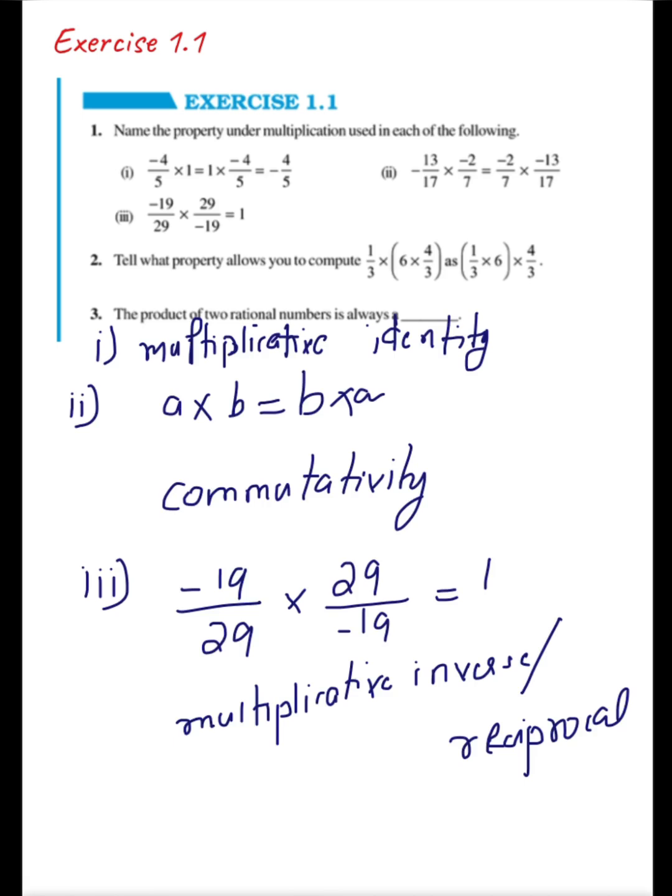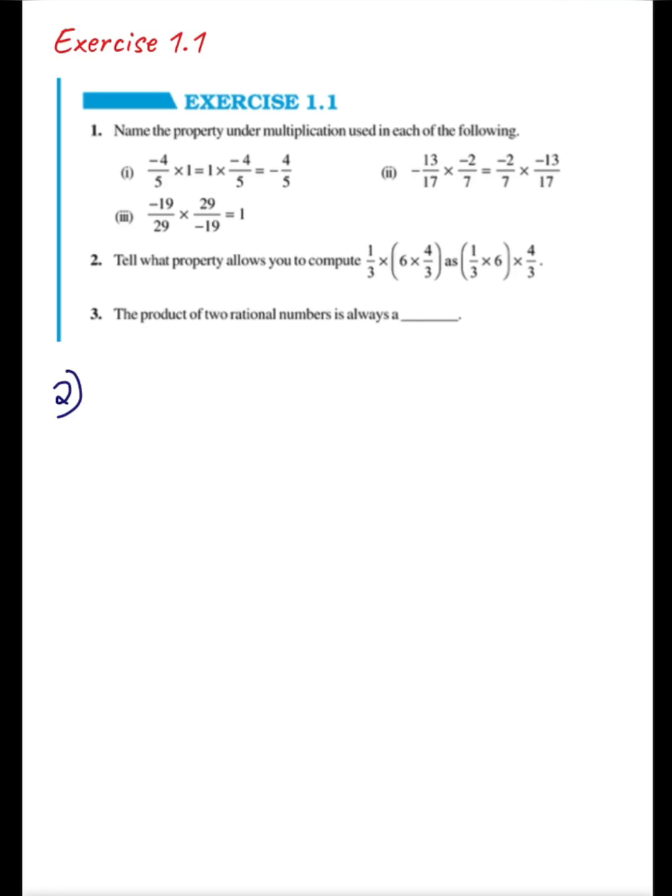You have to identify the question and tell the answer. So these are the properties that we are using here. Now let's discuss the second question. Tell what property allows you to compute 1 by 3 into 6 into 4 by 3 as 1 by 3 into 6 into 4 by 3. You have to again tell the name of the property.